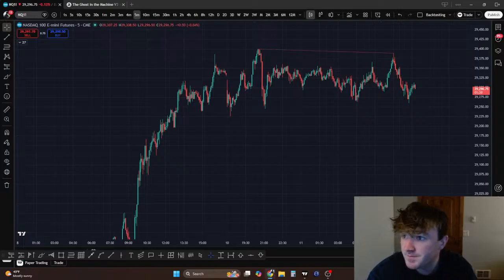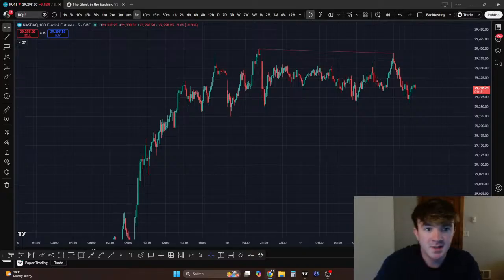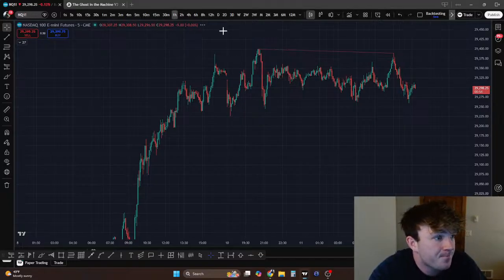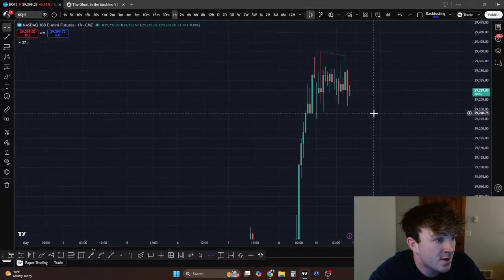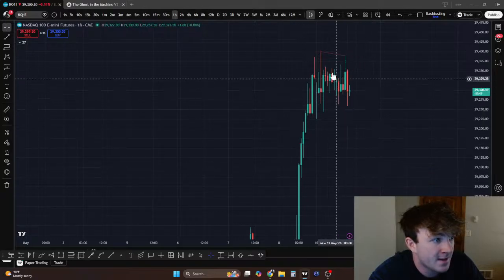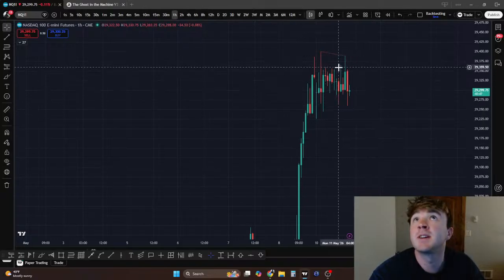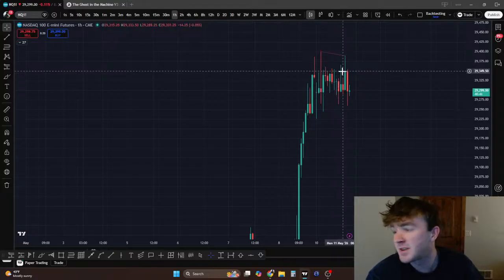Since I don't have a ton of time, I'm gonna start out on the hourly or 4 hour or something like that. So yeah, 1 hour chart. I guess there's bearish SMT there, and then there's bearish SMT here.